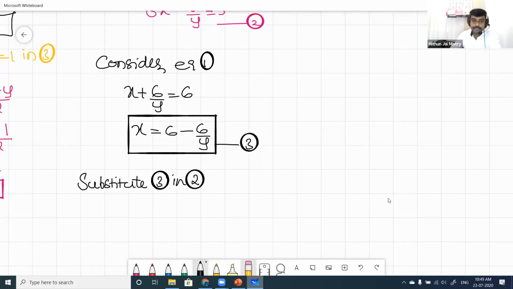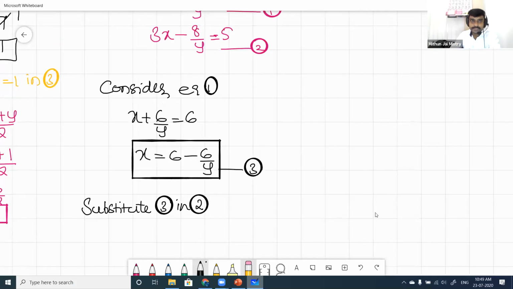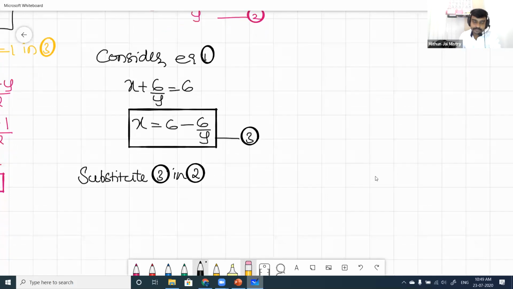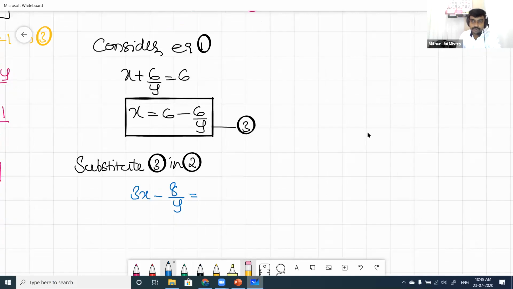What is equation number 2? Have a look: 3x minus 8 by y is equal to 5.